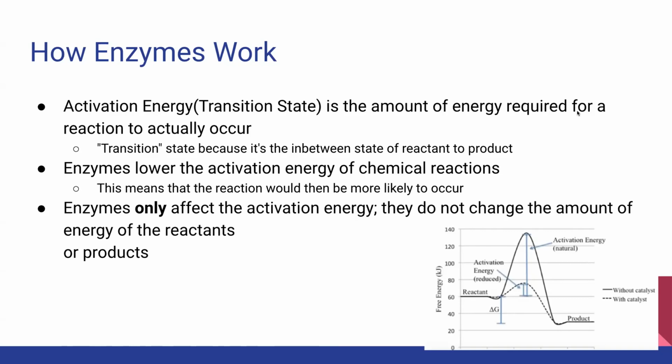Enzymes lower the activation energy of chemical reactions, and you don't need to know in depth exactly how, but it just changes the microenvironment, and that's kind of how it works. It doesn't change anything with the products or the reactants themselves. So that's actually the next point. Enzymes only affect the activation energy. They don't change the amount of energy in the products or reactants.